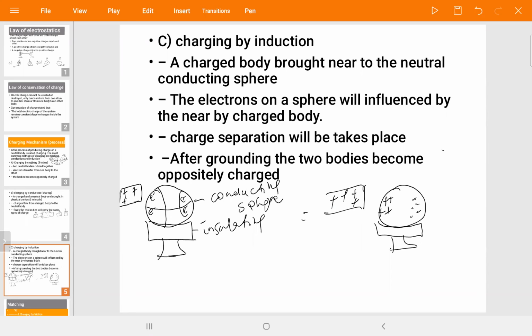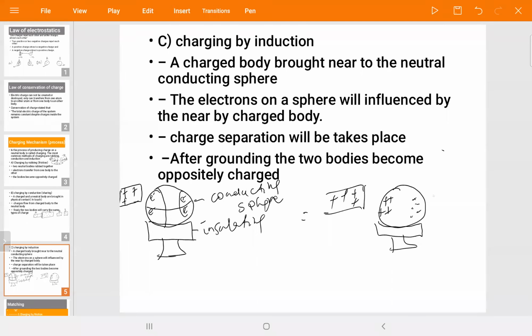Because of the force between the rod and the charges, electrons that carry negative charge migrate to the right side, leaving a positive charge on the left side. Now the positive and negative charges have been separated, and on the right side there will be more accumulation of negative charges.